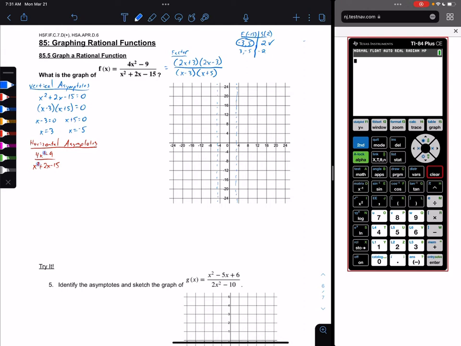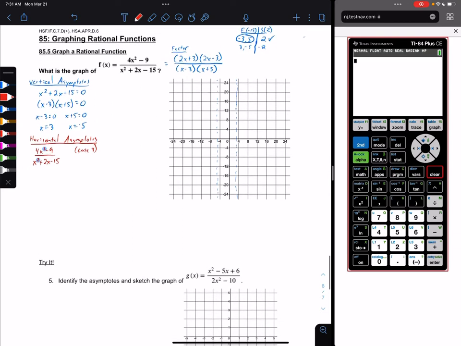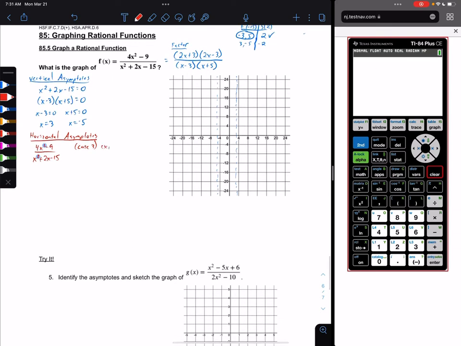The degrees in this case are the same, so that tells me this is case 3. You don't need to memorize the case numbers, I'm just referencing back to our notes. Case 3 is when the degrees are equal.